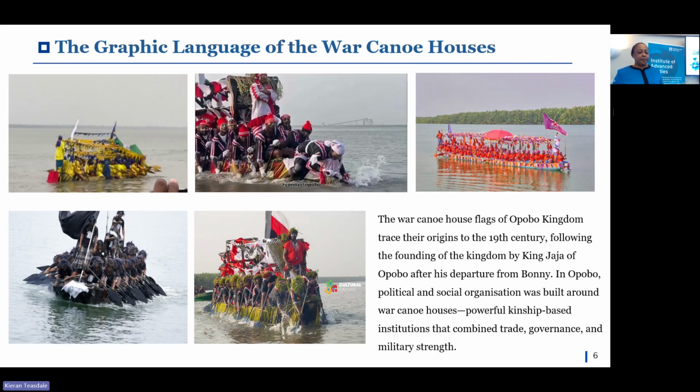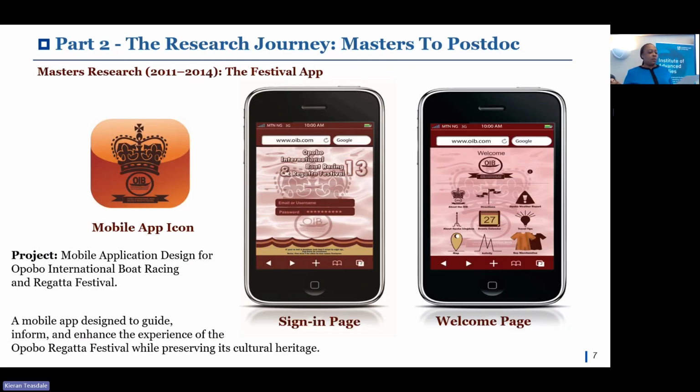So while I began my research journey during my master's between 2011 and 2014, I went back home to the same place, Loughborough, and my goal was straightforward: to create a mobile application, a prototype, to publicize the Opobo International Boat Racing and Regatta Festival.